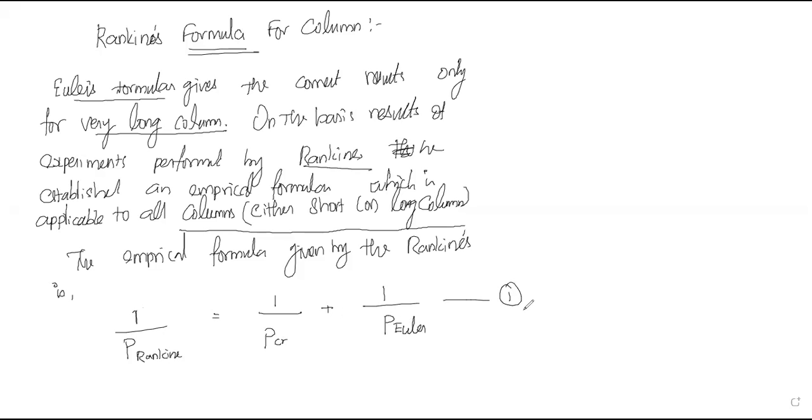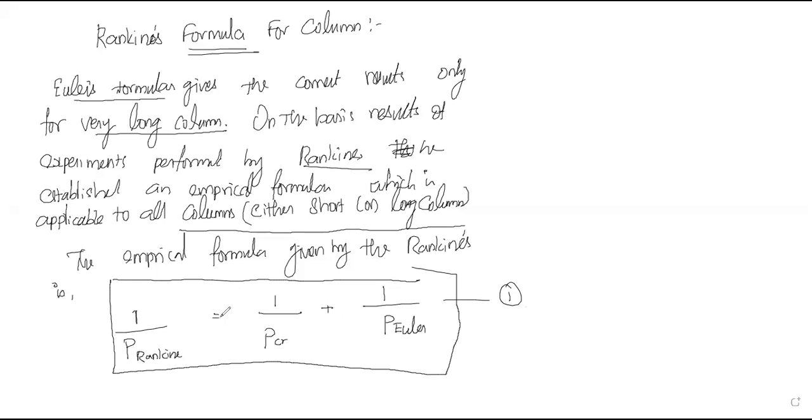So this is the equation they have given. Here 1 by P Rankine is nothing but 1 by the Rankine formula load for column, equal to 1 by PCR plus 1 by P Euler.